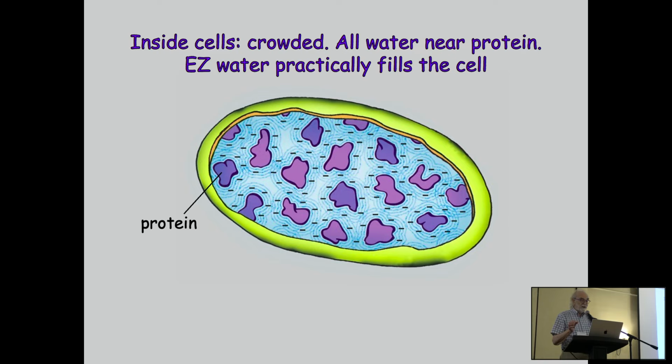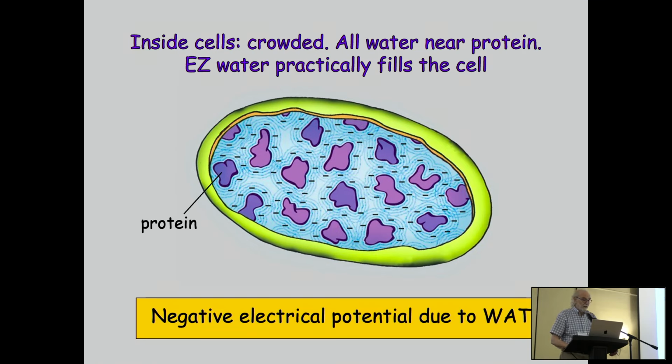The surfaces are really close, which means all the water is interfacial water, which means, since these surfaces are mostly hydrophilic, that it's all EZ water that's inside the cell, as Gilbert Ling was suggesting, but the structure now is quite different from what Gilbert Ling had been espousing.